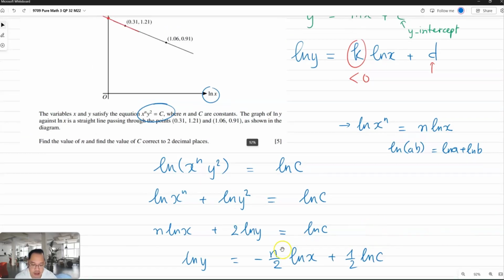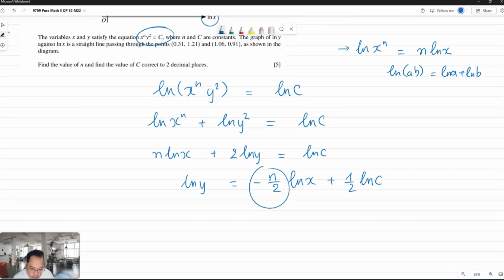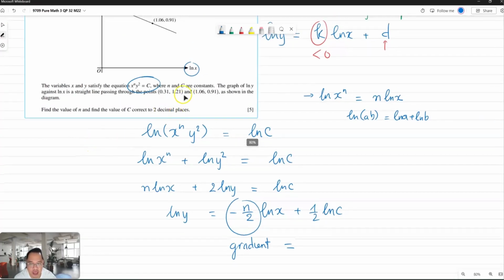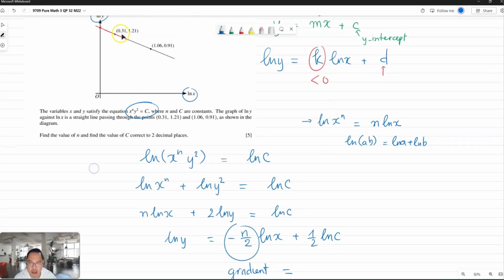We need to find the value of n and the value of c. So the value minus n over 2 here is the gradient, and we can find that gradient by using the given values, the 2 points on the graph, (0.31, 1.21) and (1.06, 0.91).